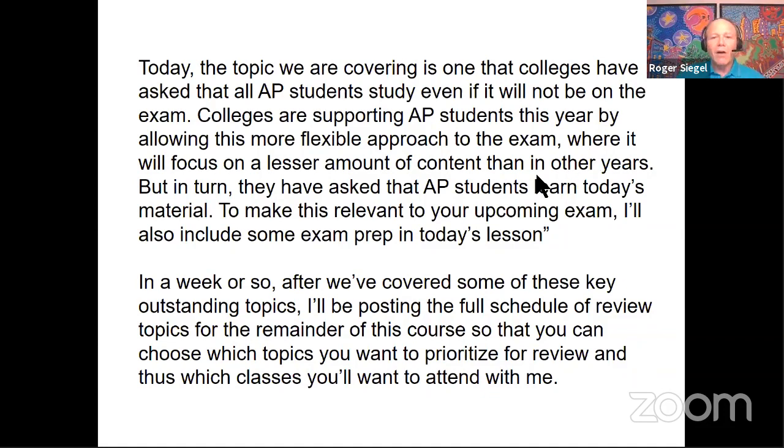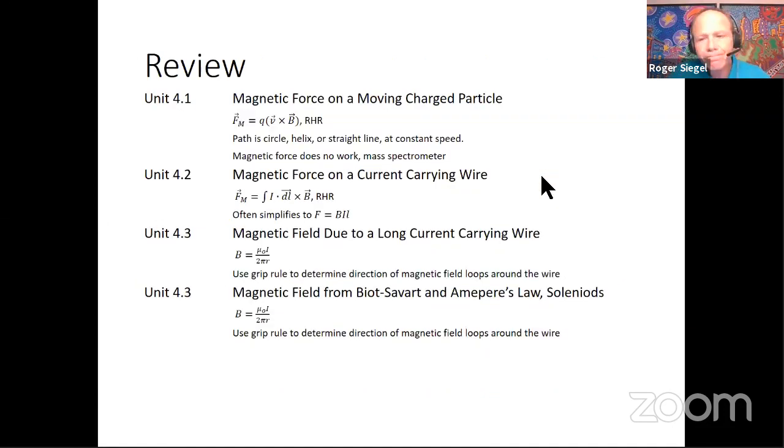Great. All right, so the first thing I want to do here is review what we've done. If you have tuned in or if you haven't, what we've been covering so far is Unit 4. And that is basically two halves, I would say.